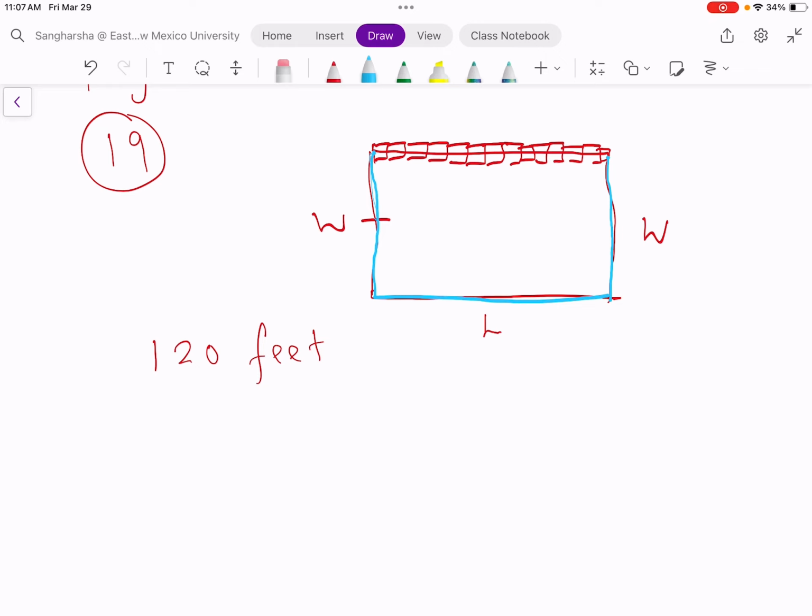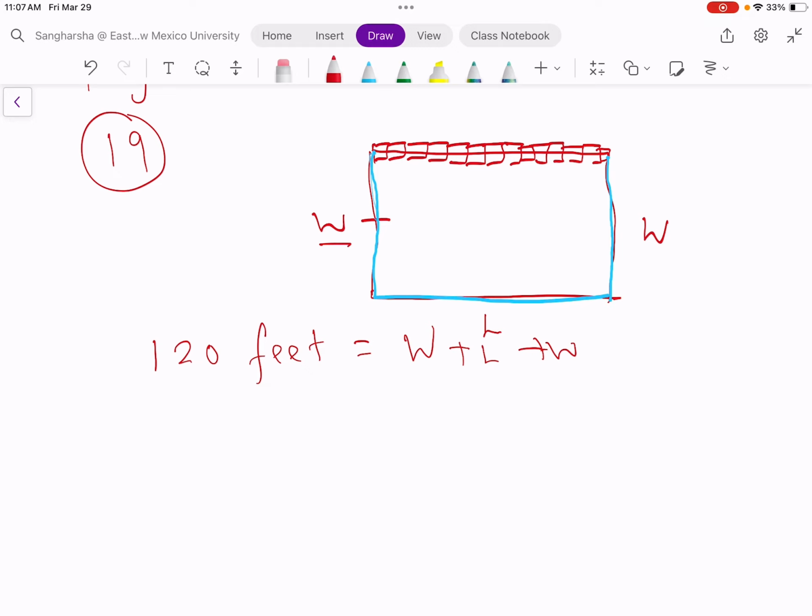Now what is 120 feet? Can I write 120 equals W plus L plus W? Can we rewrite this in this way? So we have 120 feet of fencing material, and we use it to cover the 3 sides. We don't know their dimensions.